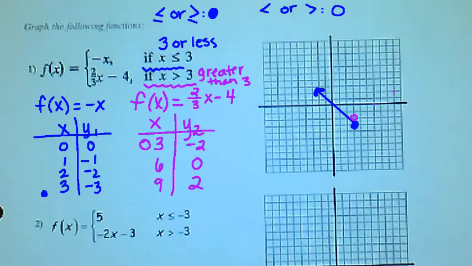Then you're going to draw your line. Make sure that, since you have that open dot, it can't go through that point. It's only going to go up. And lastly, draw your little arrows. We're going to label this at the top f of x, because this is a piecewise function. All of your piecewise functions are going to look broken like this. You should have open circles and closed circles.